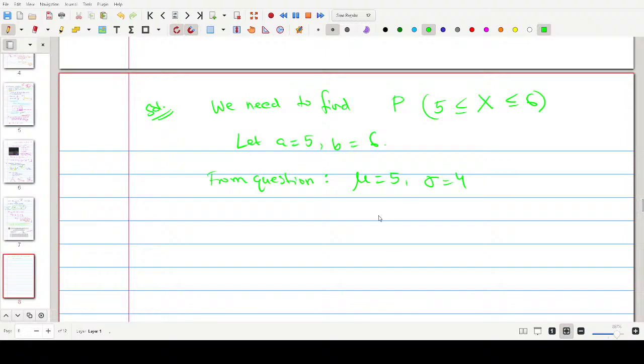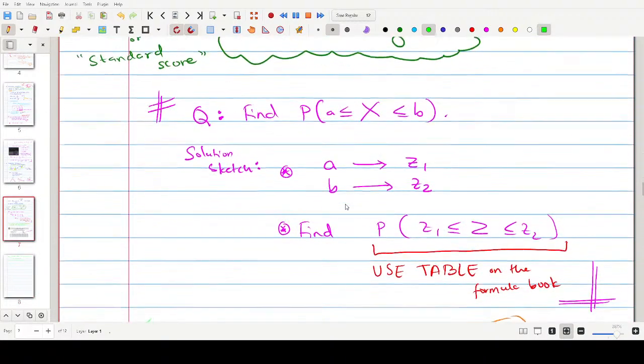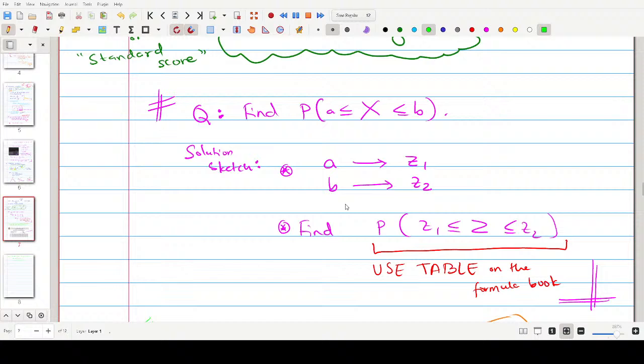You saw that we had written the plan, the sketch, here. From a we'll get z1, from b we'll get z2, and then we'll use the table to find the particular value of the probability.